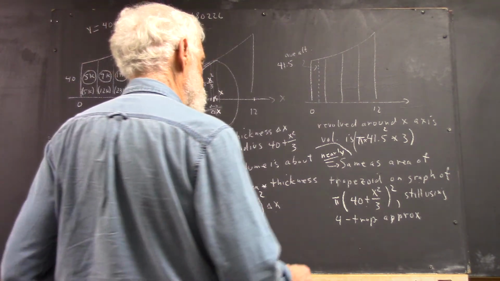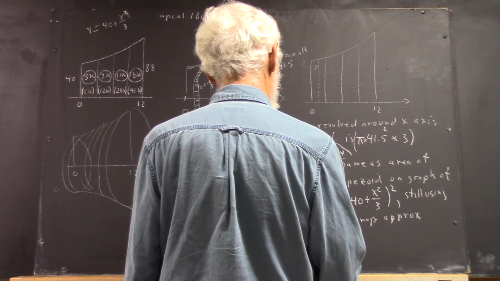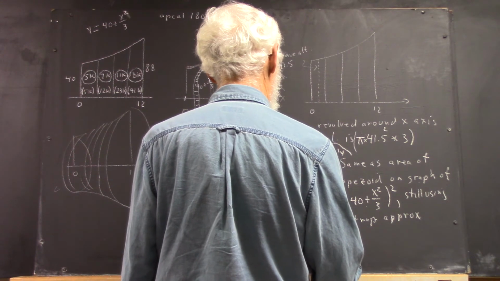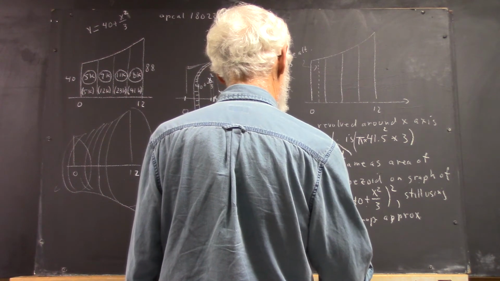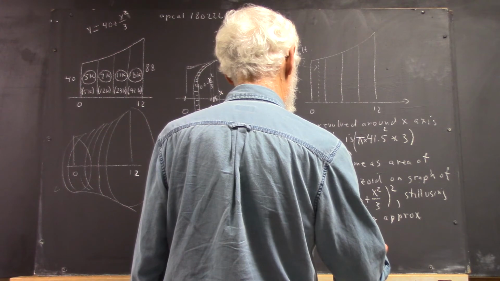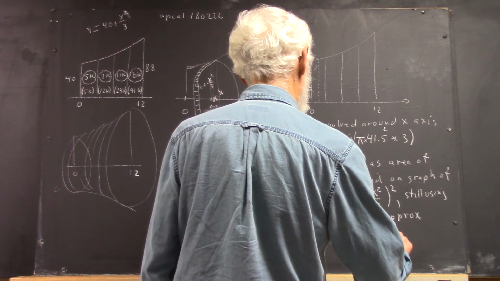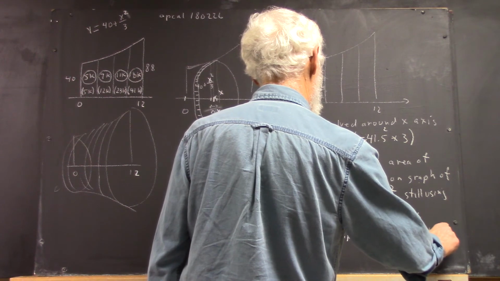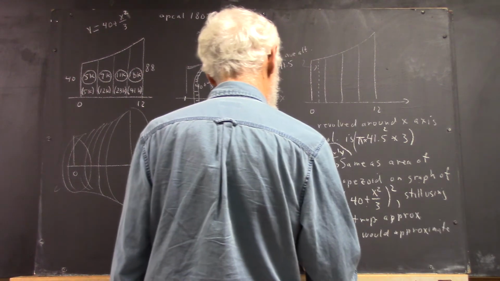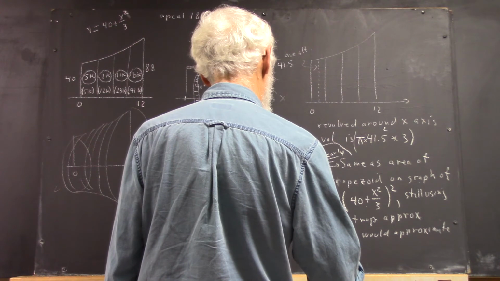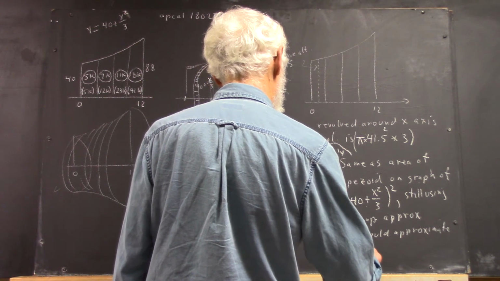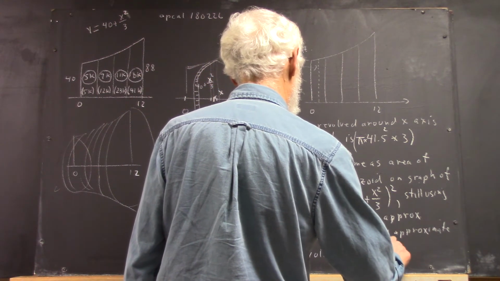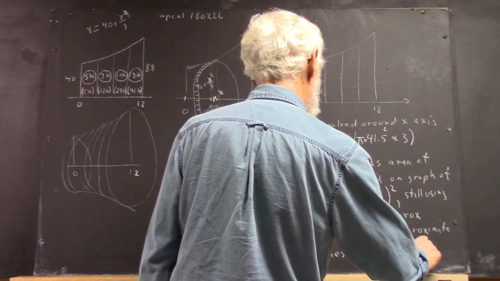So this graph would approximate the volumes of the solid of revolution.